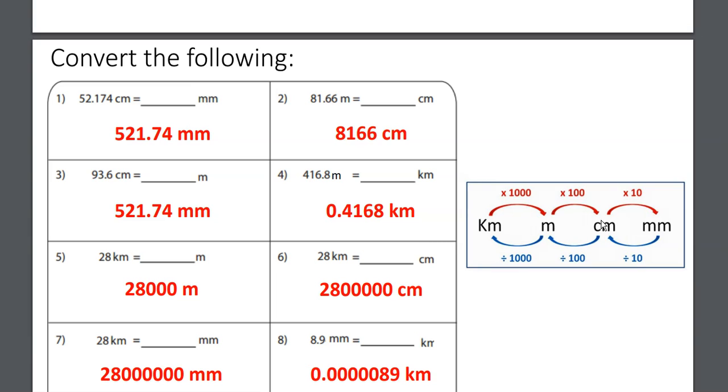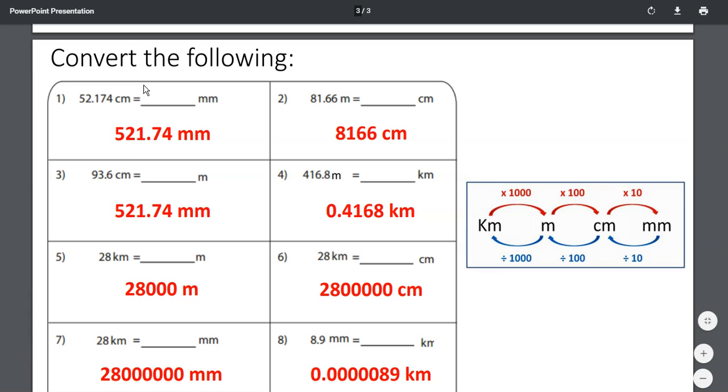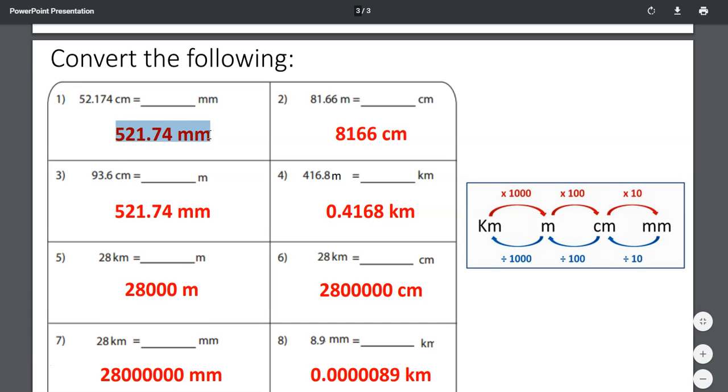So we have to get from centimeters to millimeters, and the only way to do that is to follow the arrow pointing in that direction, which is the top arrow. See how there's the arrowhead here? So we simply multiply 52.174 by 10, okay? And you can use your calculator or move the decimal place along, and you'll get your answer, okay?